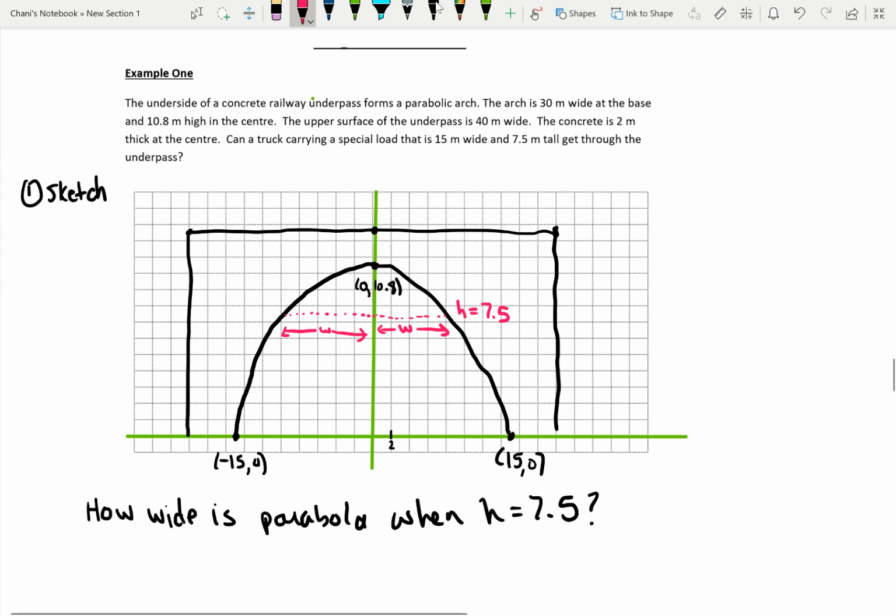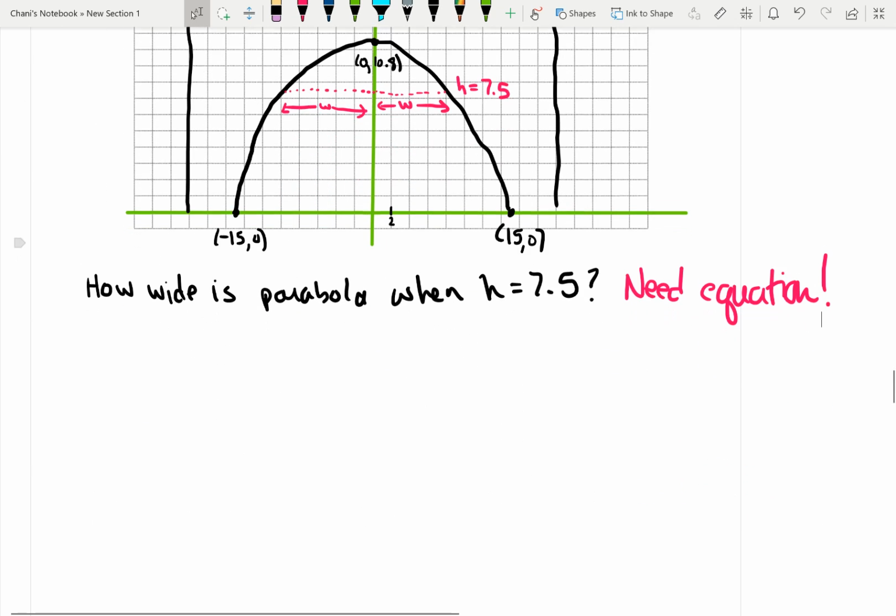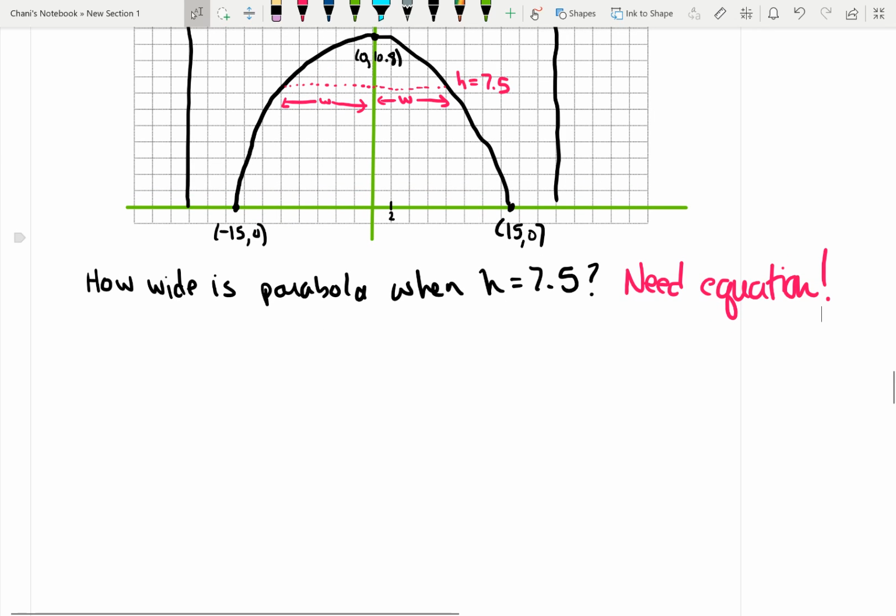So we'd have to add those two together to find out what the width is. So how can we actually find this? Well, we need an equation for the parabola. There's no other way around it. Then once we have that equation, we can set it equal to 7.5 and solve for W to see how wide it is. Okay, so let's go ahead and do that.